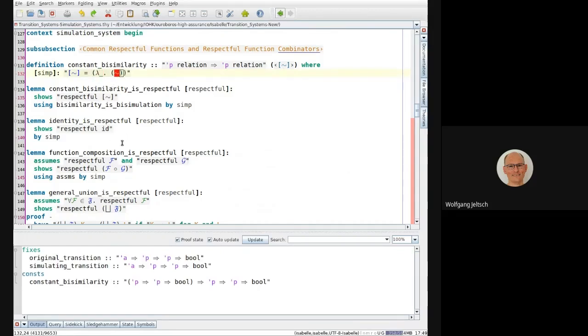And if you replace now bisimilarity by equality, the constant equality function that maps any relation to the equality relation, this should not be respectful in general, but in the case of transition systems. This is the analogy to this transitivity versus chaining that we just saw. And indeed, it is not respectful in general.